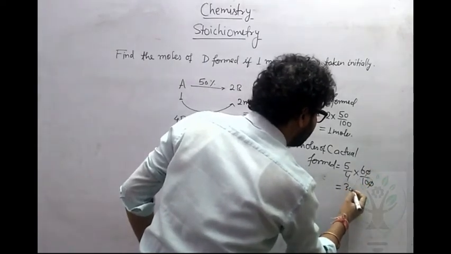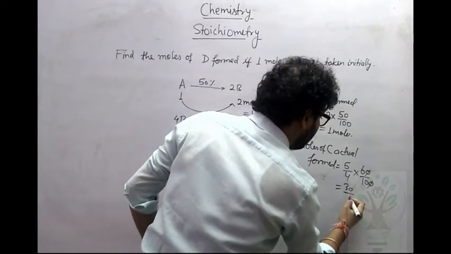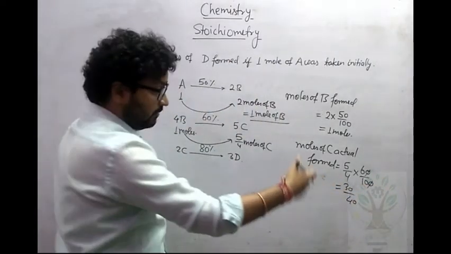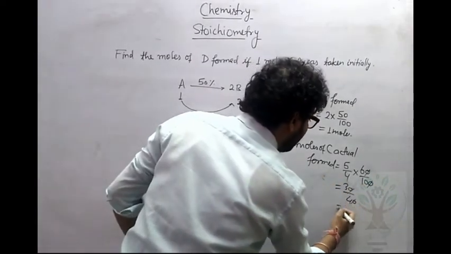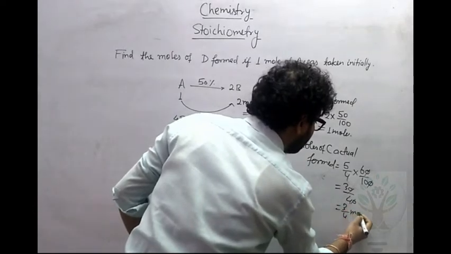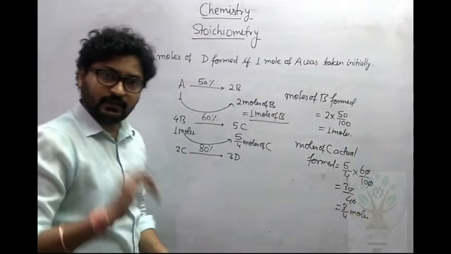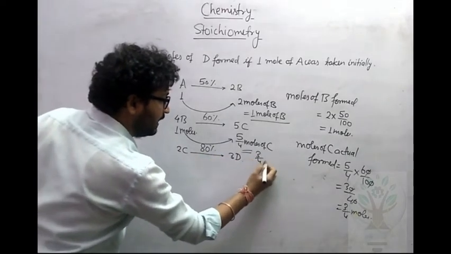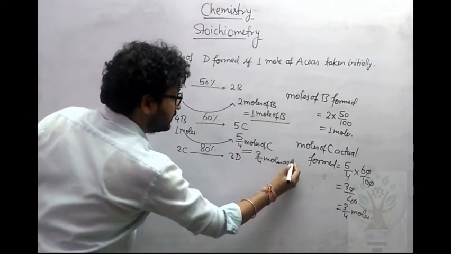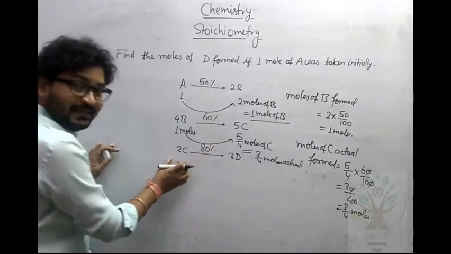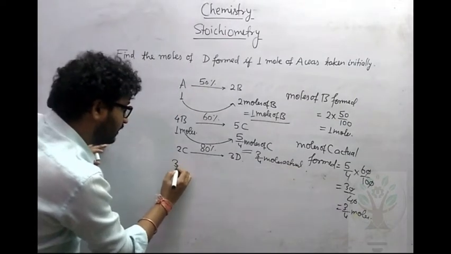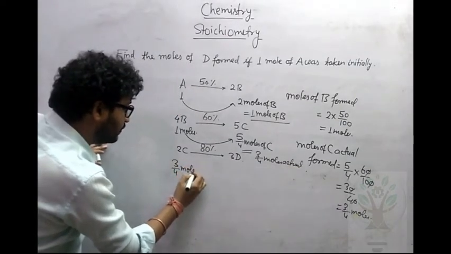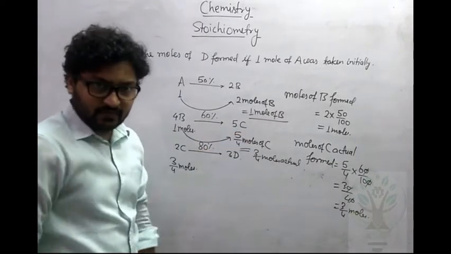We are going to get 30 upon 40. 30 upon 40 means 3 by 4 moles. Okay, is it clear? Good. Now you got here how many moles? You got just 3 by 4 moles actual. So I will write here actual moles only. So I got here 3 by 4 moles of C from the previous reaction.